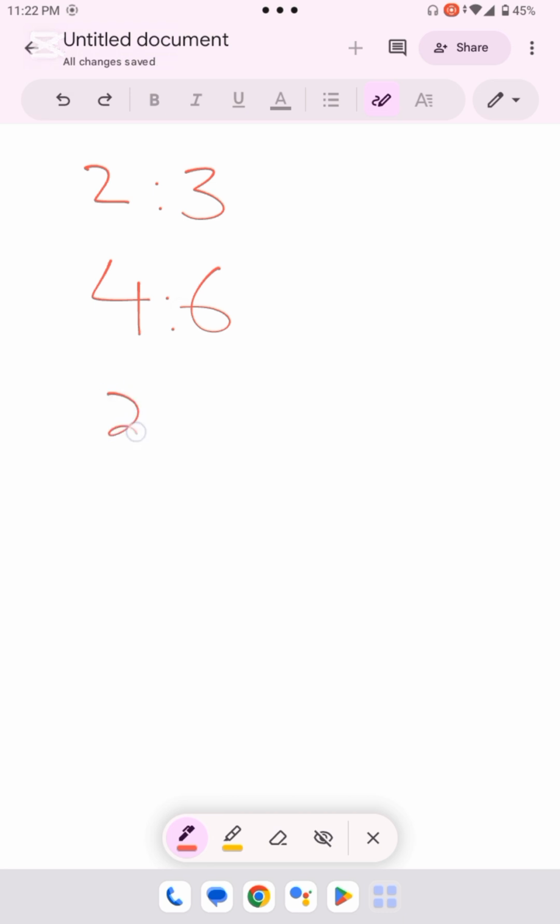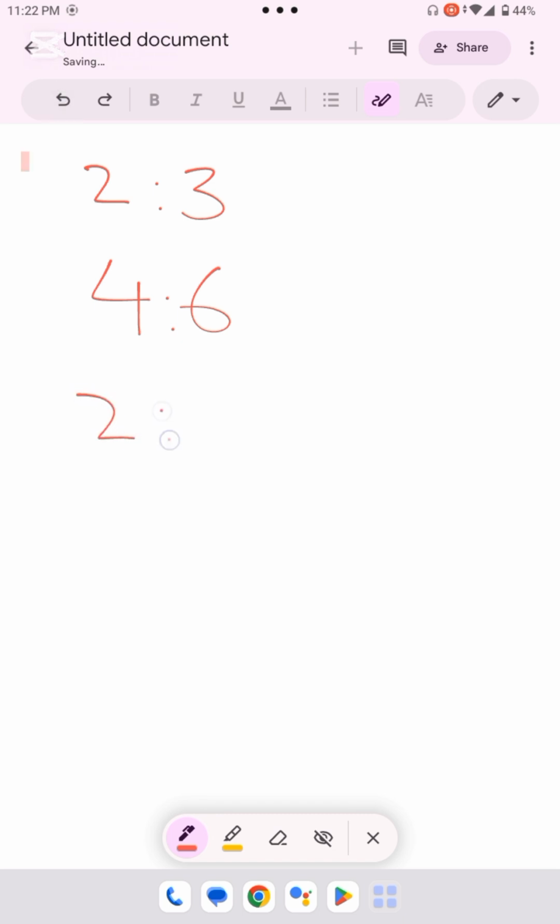Why are they equivalent? Because they can be simplified to get the same number. If you divide 4 ratio 6 by 2, you will get 2 ratio 3. So 2 ratio 3 and 4 ratio 6 are equivalent.